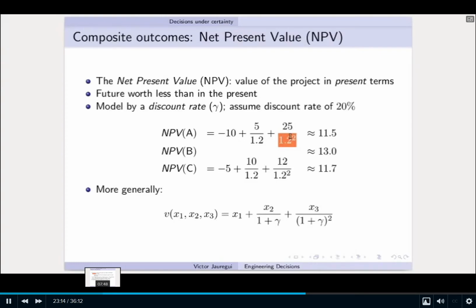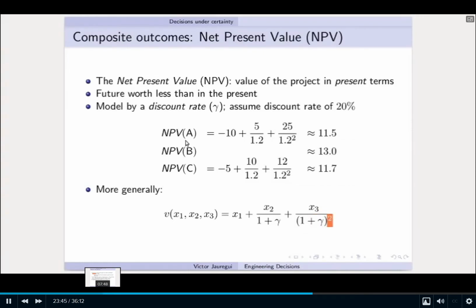You have the discount, and then that discount gets discounted again. So the general way of calculating net present value over, say, 3 years with cash flows x1, x2, x3 is that the present value is not affected, but future values get discounted, and values further in the future get the discounted amount discounted again.